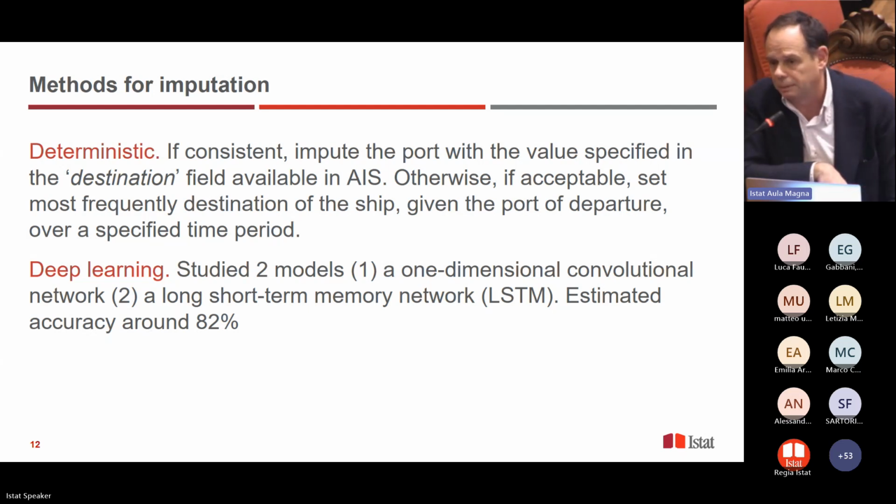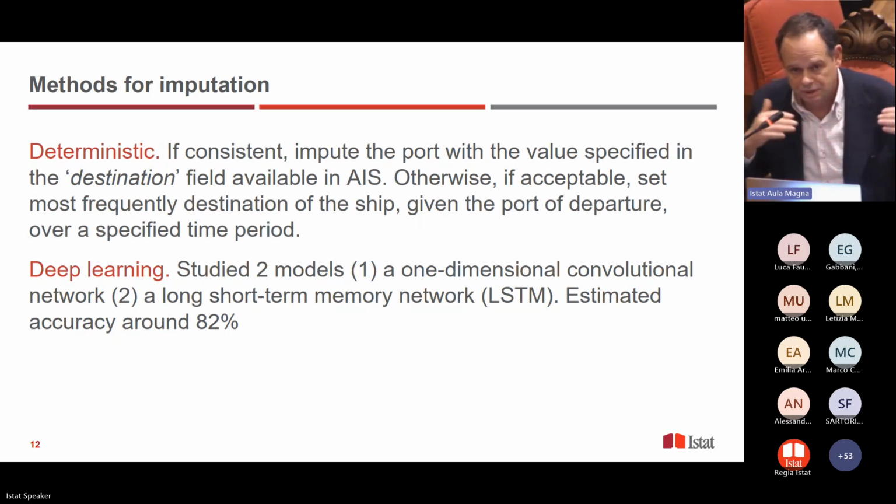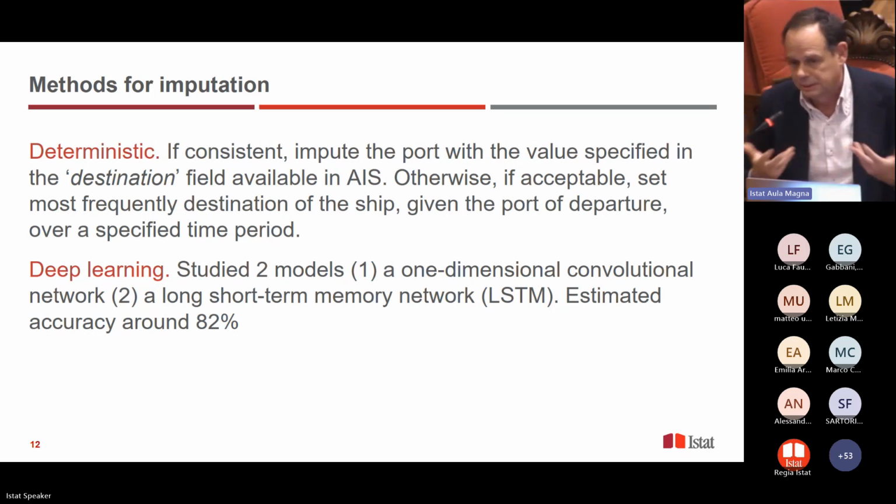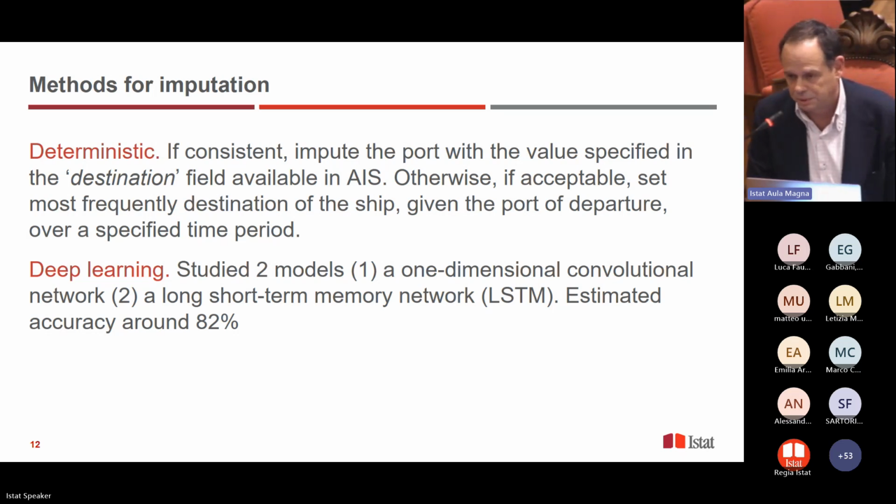And for the most critical cases, we have also developed deep learning methods for imputation. Deep learning, because in fact a lot of literature has been developed in this context. And you can imagine that given the difficulty and the complexity of the problem, because you have direction, you have a lot of signals and so on, machine learning more in general, and deep learning algorithms can be useful for this context.